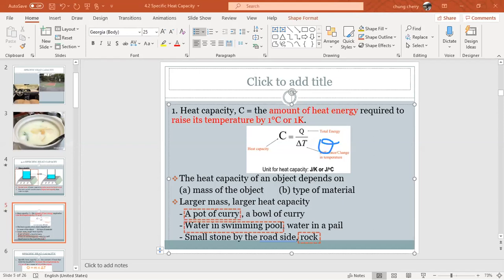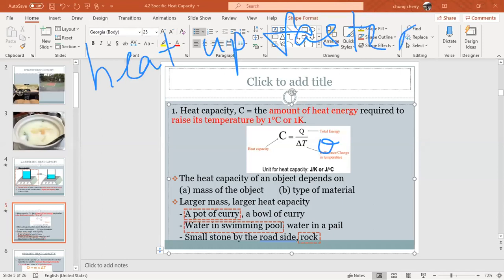Remember, why does aluminium have a smaller specific heat capacity? When it heats up faster, it means the object needs less heat to increase the temperature. Specific heat capacity is the amount of heat energy required to raise its temperature by 1 degree Celsius or 1 Kelvin.